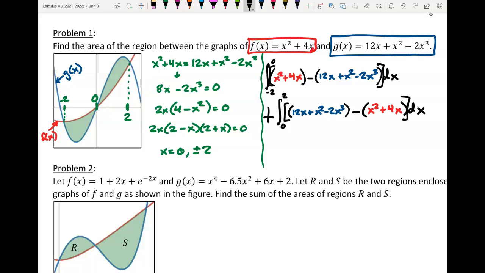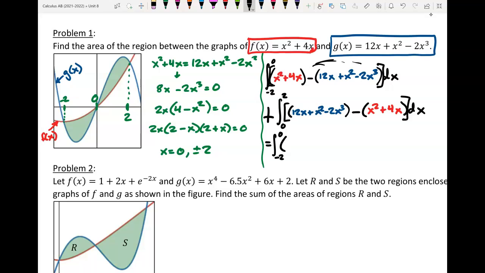Now, to answer your question, Jalen, what we can do, if you were to do this by hand, I would simplify your integrand first. So I would say, hey, I have that negative. I can distribute it. And I can simplify my integral from -2 to 0 to be my x squareds cancel.